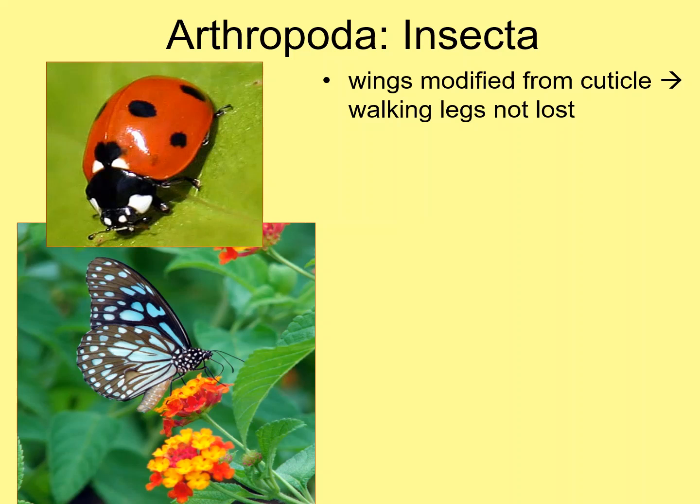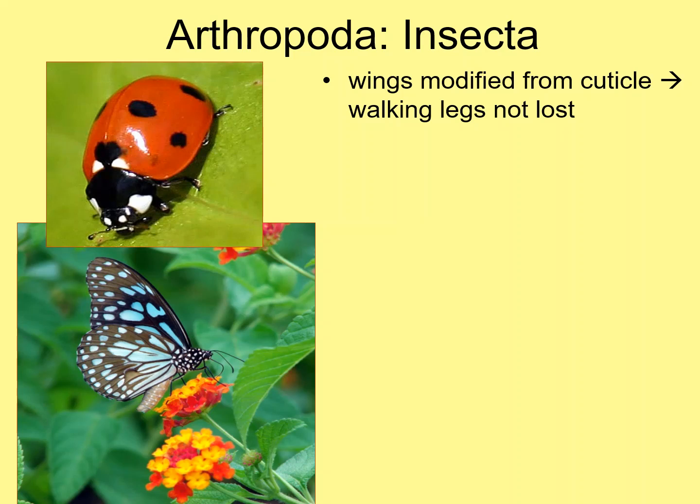The wings don't take the place of the walking legs. They're in addition to the walking legs. And it's thought that the wings are basically just folds in the cuticle, the outer exoskeleton layer, and that they started off as little nubs, just little dimples, and expanded over time.